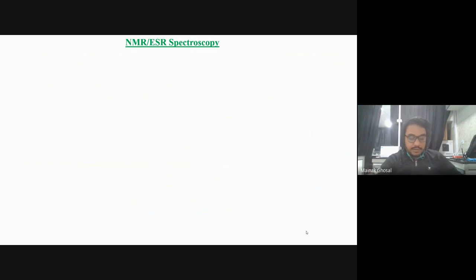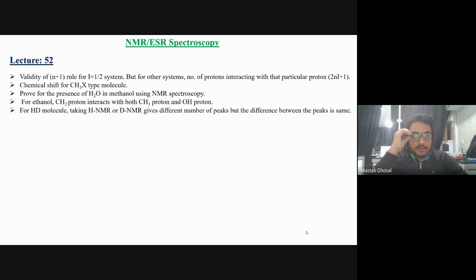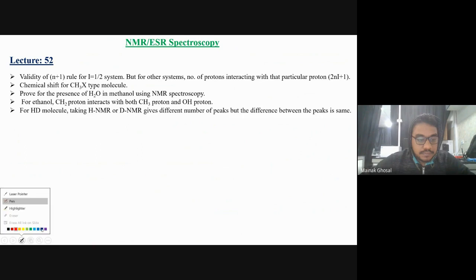So far, what we have discussed for NMR spectroscopy is the validity of the n plus 1 rule. It was shown that for I equal to half systems only, this n plus 1 rule holds.